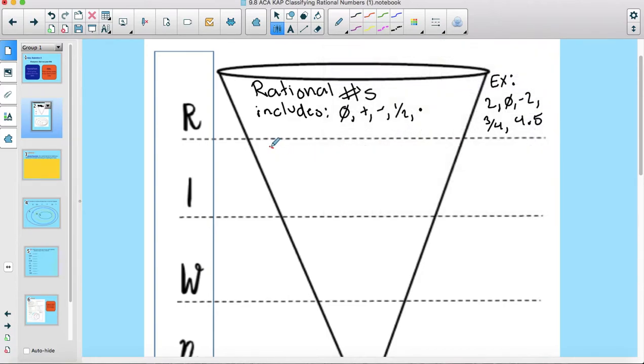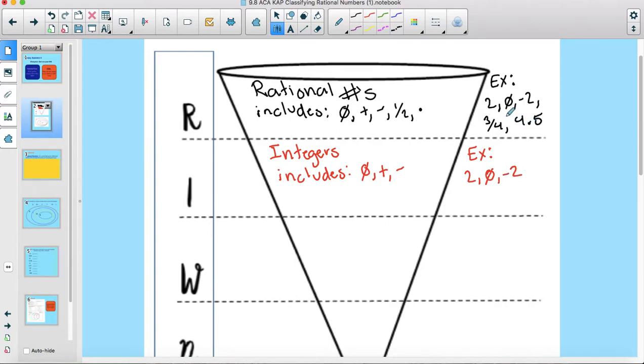The I stands for integers. So integers includes zero, positives, and negatives. So some examples would be 2, 0, and -2.